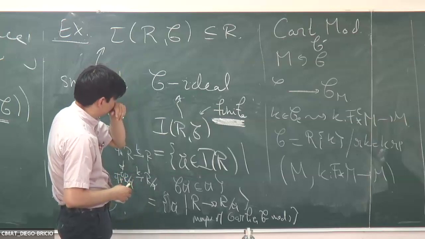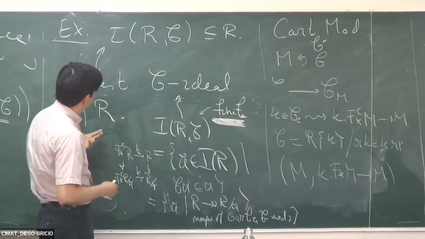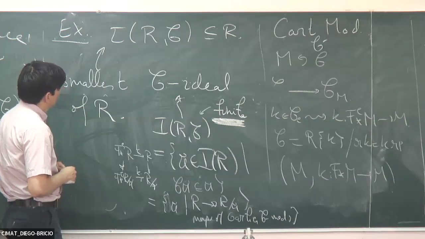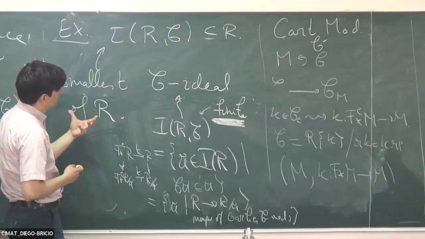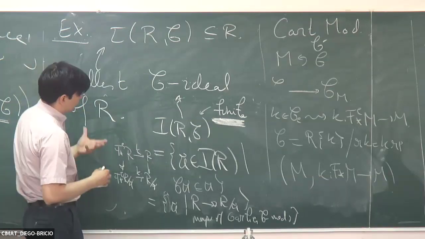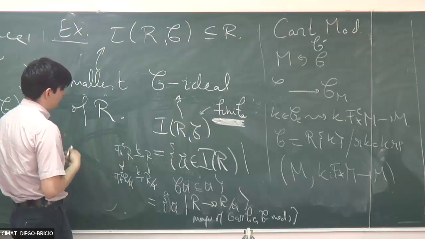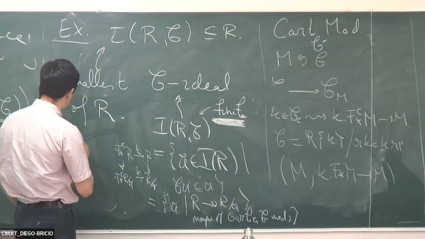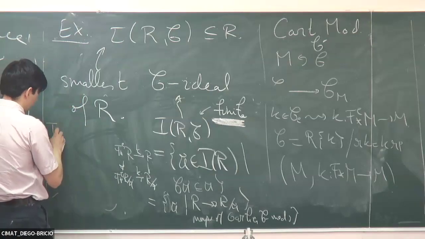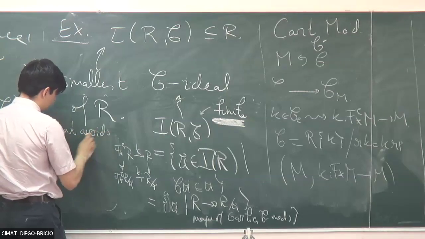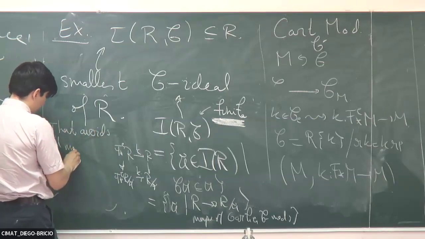And so then you can define this to be the smallest ideal here. Well, if R were a domain, I just need to say that it's not zero. But let me say the smallest ideal of R that avoids all minimal points.